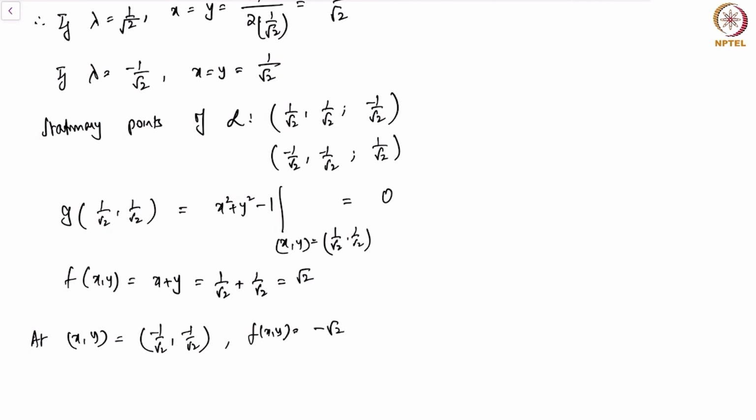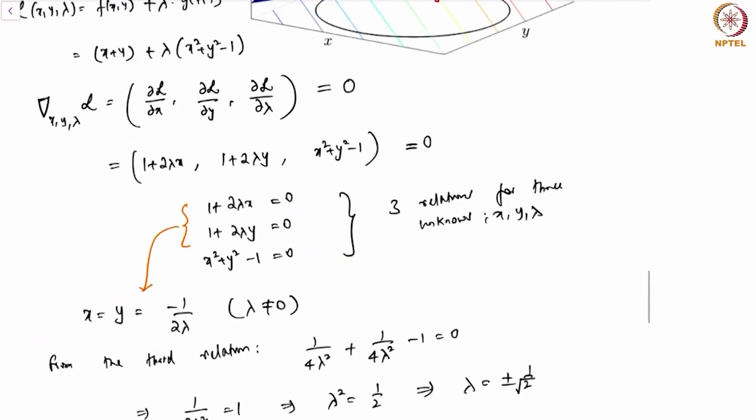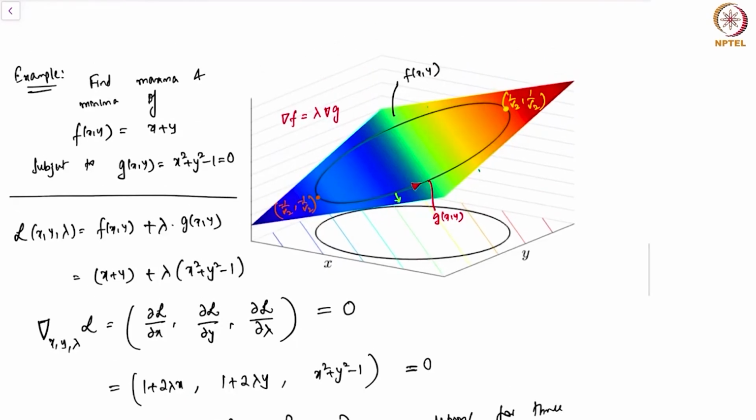So we've actually got the values of the function at those two locations. At the bottom you have f is equal to minus root 2, and at the top f is equal to plus root 2.